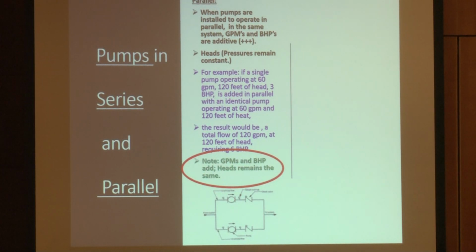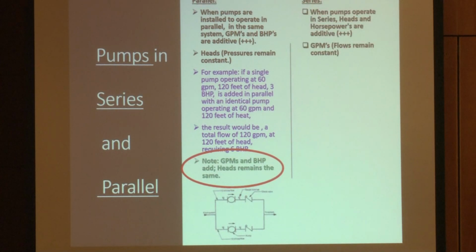Very similar with the fans, right? So if you took a single pump at 60 GPM at 120 feet of head, 3 brake horsepower, and added in parallel an identical pump operating at 60 and 120, the result would be a total flow of 120 at 120 feet of head, just like it would when we did the parallel fan.